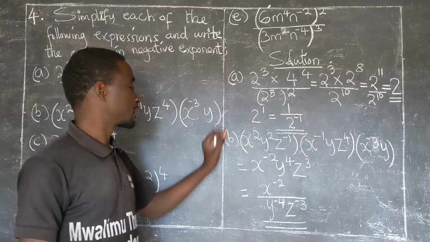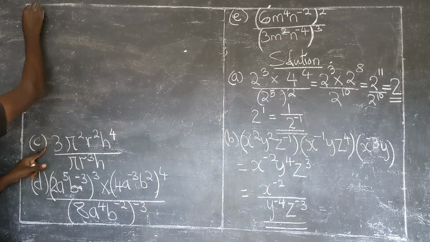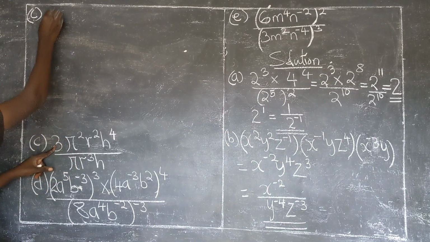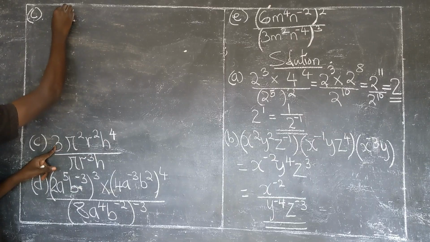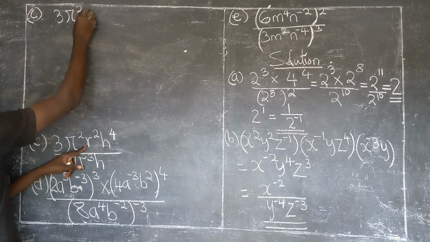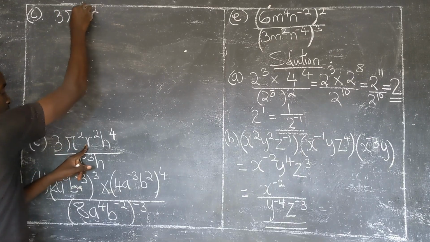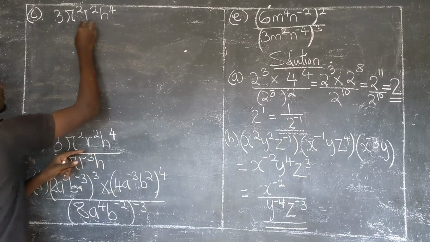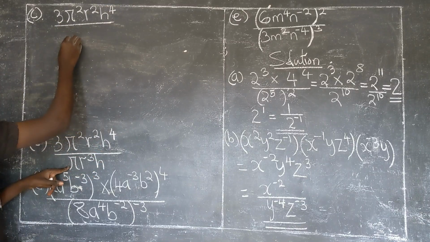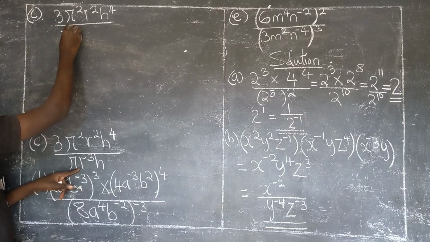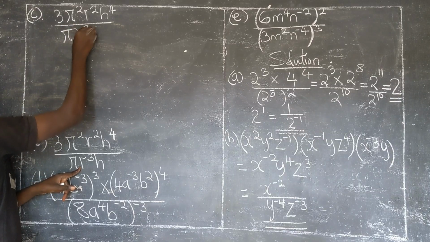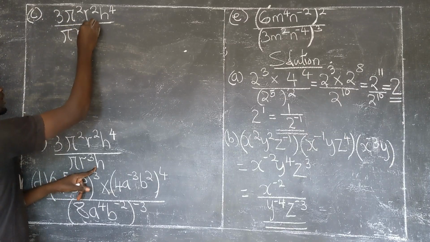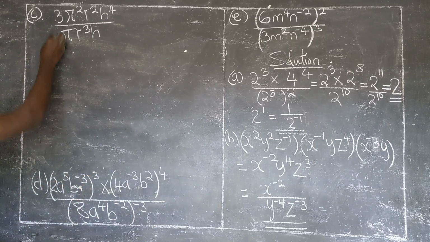Now, let's go to part C. As you see, part C, this one, we are given 3 pi squared times r squared times h squared times h raised to 4 divided by pi times r raised to 3 times h.